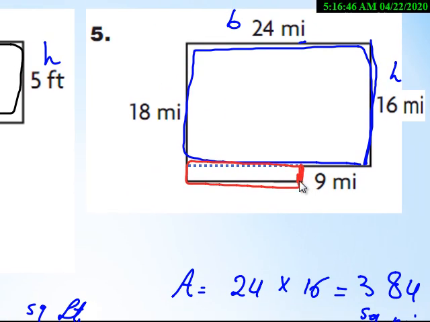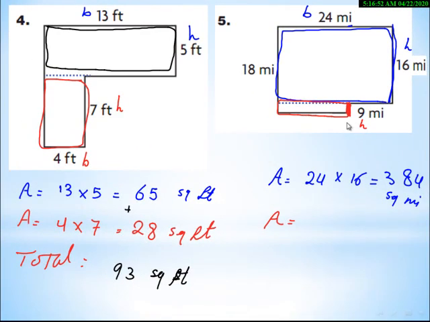Its height is clear for me. Here its height. This part equals 9. This is its height. And for its base, I don't know. I need to find the length of each base. So look, you need that line segment.